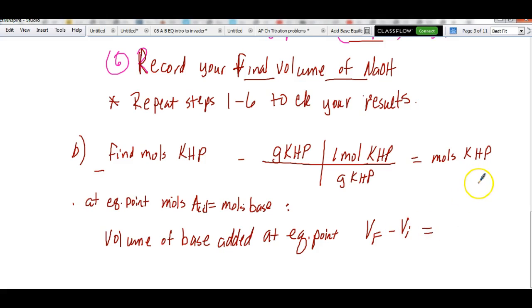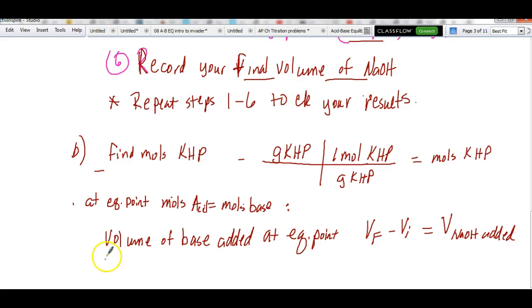But you know, burettes usually read down, and so it's going to tell you basically how much you put in there. And that's going to be the volume of NaOH added.